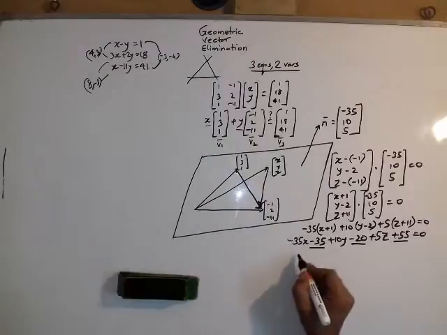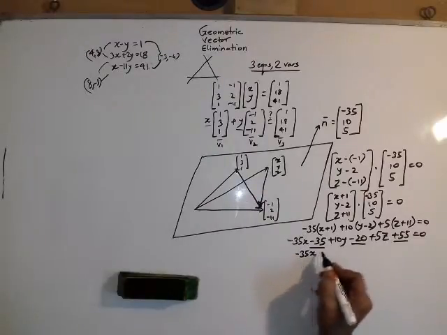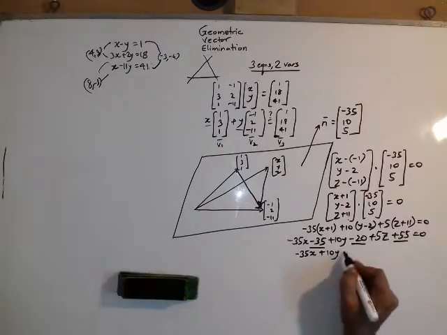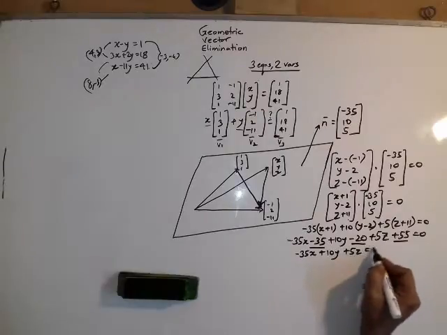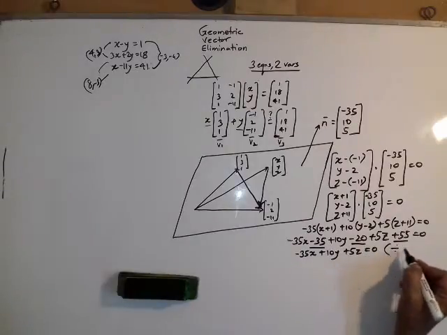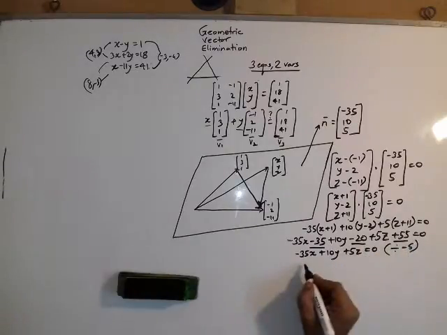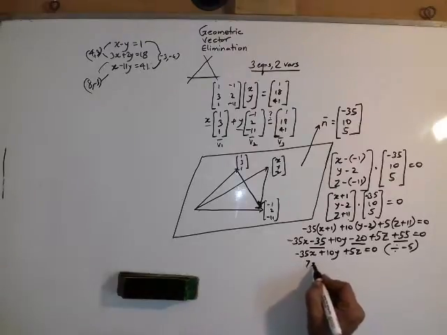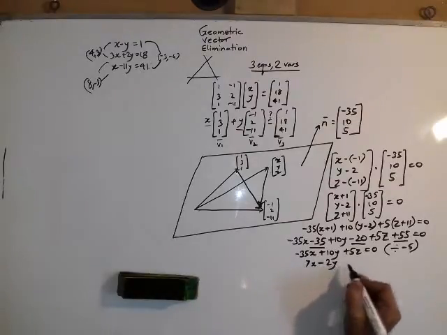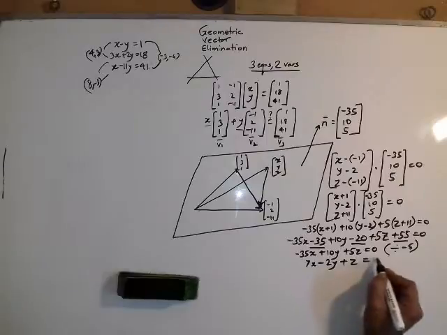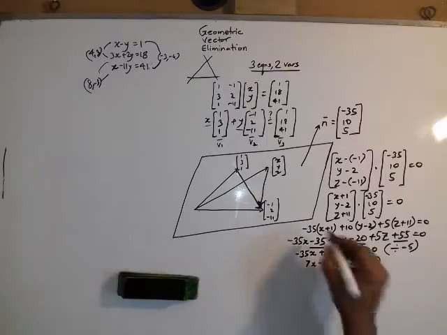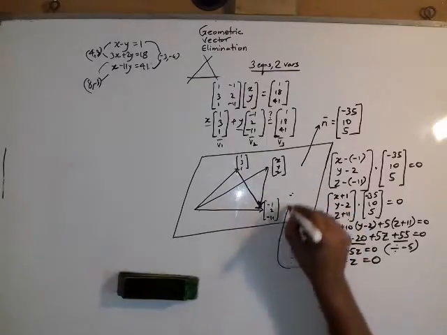So we are left with minus 35x plus 10y plus 5z equals 0. I'm going to divide by minus 5 to simplify this, so I get 7x minus 2y plus z equals 0. So this is the equation of this plane right here.